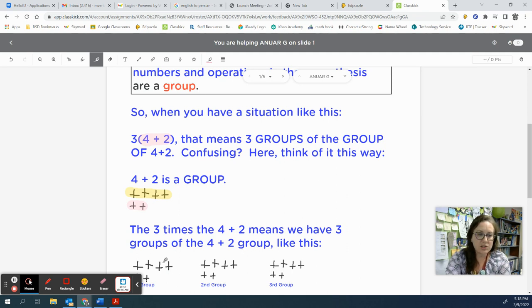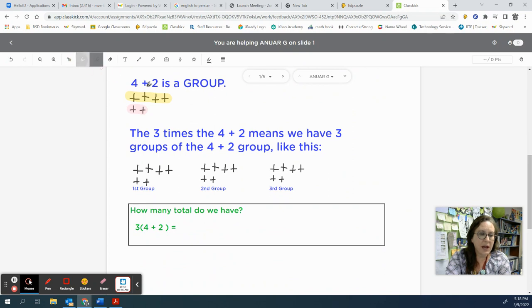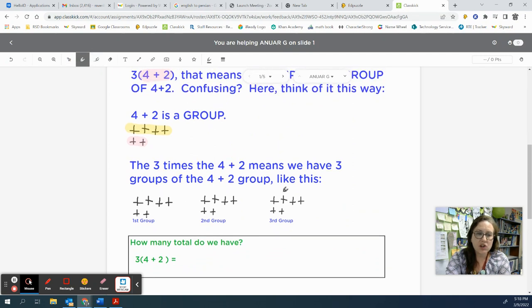So here's the 4 plus 2 group, and here it is 1 time, 2 times, 3 times. So how many total pieces do we have there? Well, we have 6 in each group because we have 4 plus 2 in each group, 6, 12, 18. So 3 groups of 4 plus 2 equals 18.